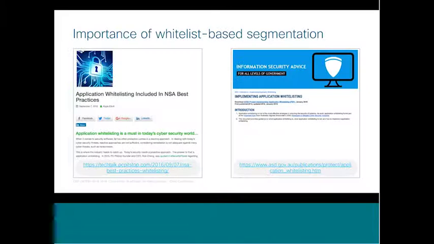Application segmentation, or we call it application segmentation, but when you talk to a customer, they may have projects around it and may call it micro-segmentation. It doesn't matter what type of segmentation they are using. It is critical to enable segmentation using a whitelist policy, because there are a number of entities, NSA as well as the Australian defense side, whose primary security advice is that you need to enable a whitelist-based approach within the data center to build a secure infrastructure.